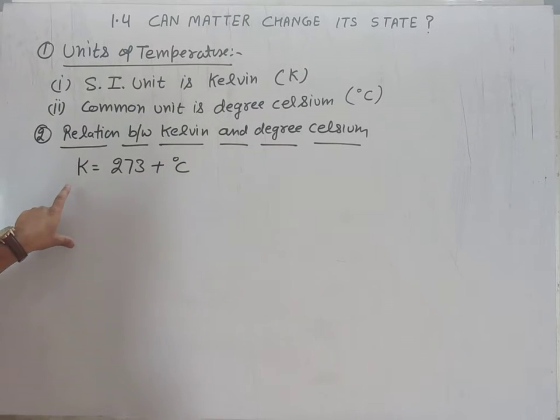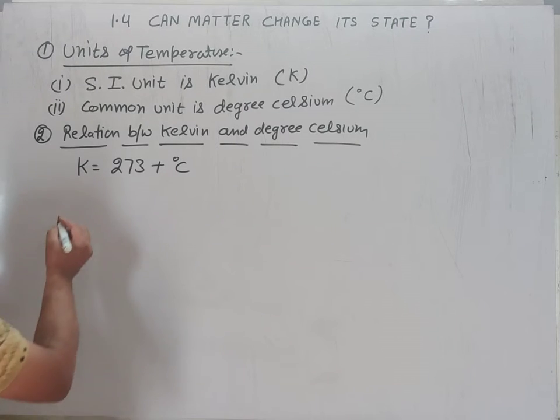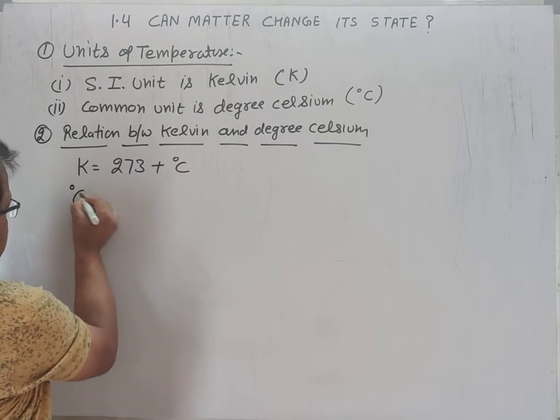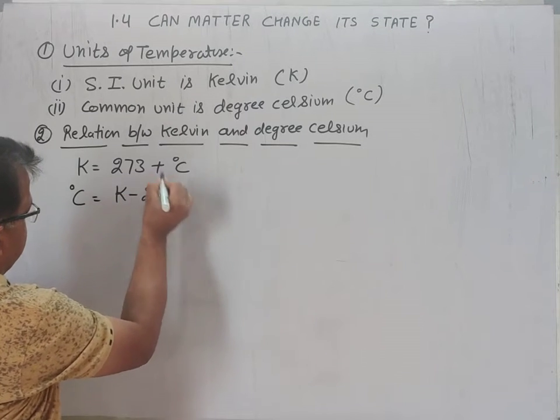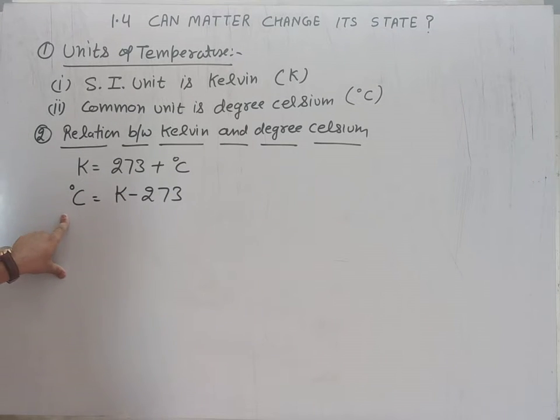If we want to convert any temperature from degree Celsius to Kelvin, we shall add 273 in it, and degree Celsius is equal to Kelvin minus 273. If we want to convert any temperature from Kelvin to degree Celsius, we shall subtract 273 from it.